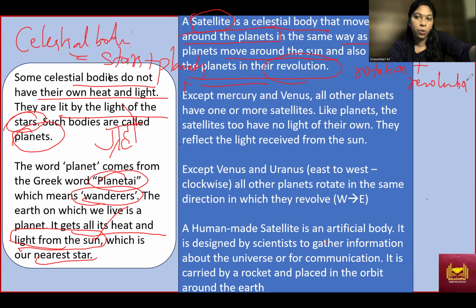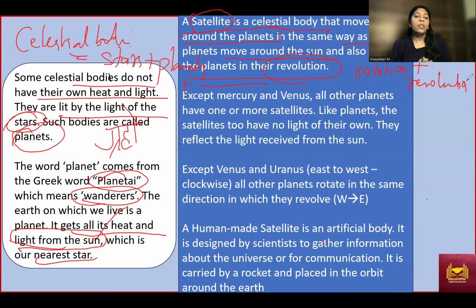So when this Earth is revolving around the sun, it has a satellite. Except Mercury and Venus, all other planets in our solar system have satellites. When Earth is rotating and moving around the sun, this satellite will also go around the Earth and follow the path around the sun.